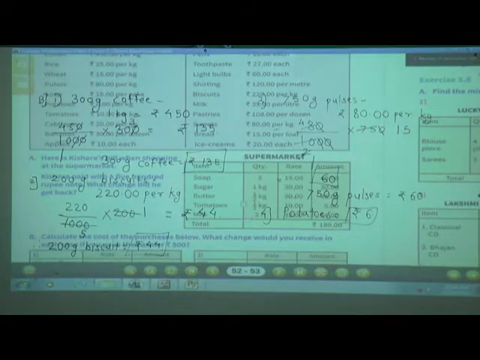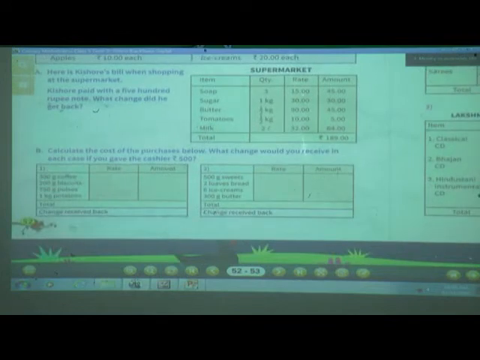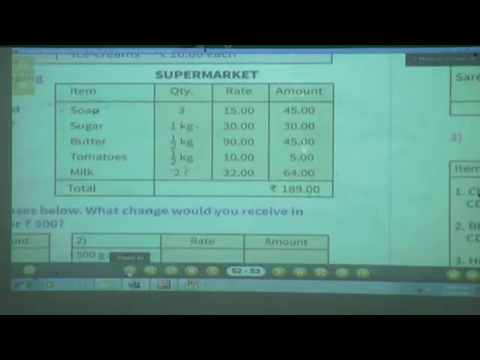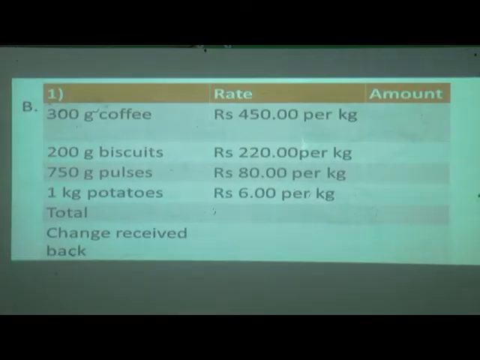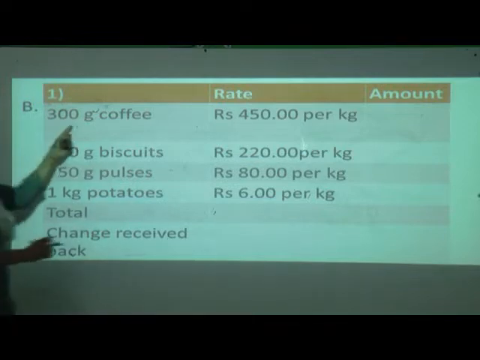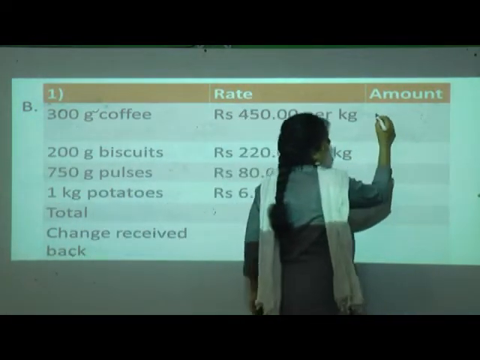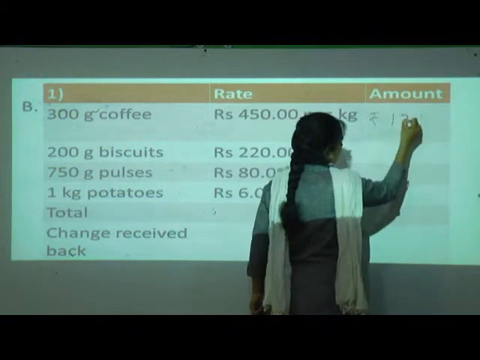Here, see, now, the rate of coffee is rupees 135.